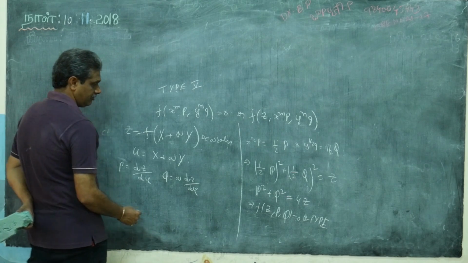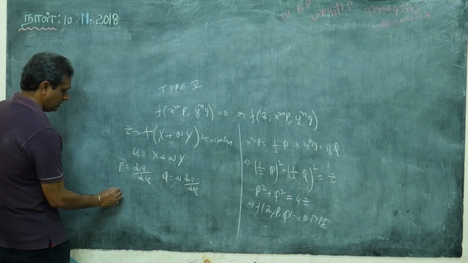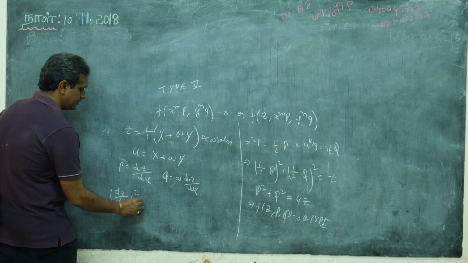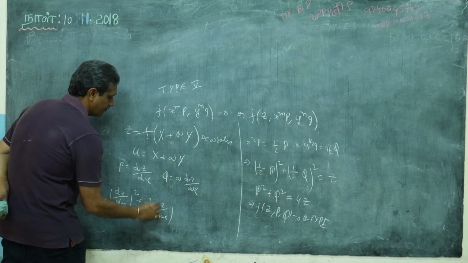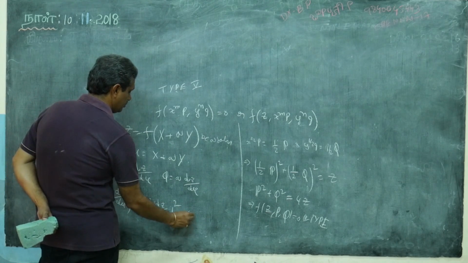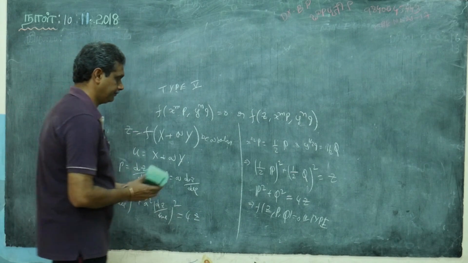My equation p square plus q square equals 4z becomes what? dz by du whole square plus a square into dz by du whole square is equal to 4z. Simplify now.